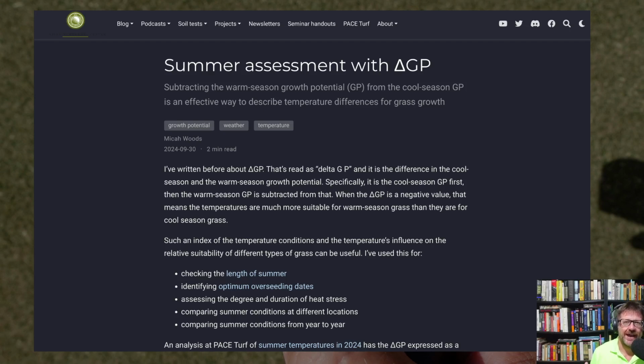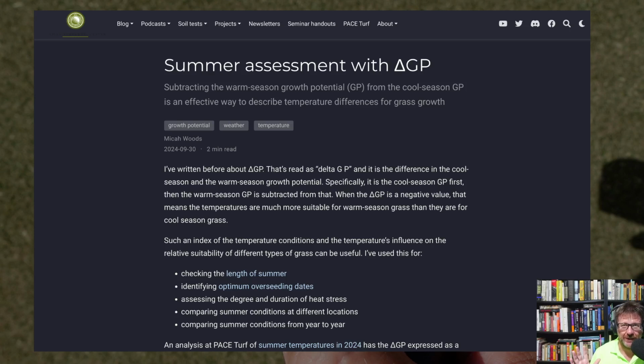However, when you have a really hot day, let's say the average temperature is 31 degrees Celsius, that's an average temperature of about 88 degrees Fahrenheit. That's going to be a growth potential of 100% for warm season grass. It's going to be a growth potential of about 20% for cool season grass, because it's much too hot for cool season grass to photosynthesize efficiently.